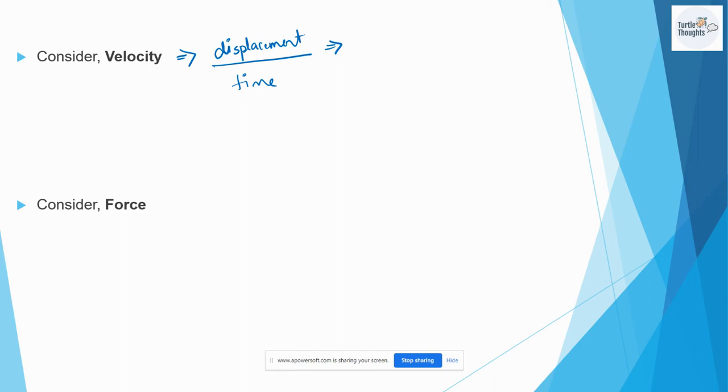We are just measuring length. So I can write length divided by time. Now you can observe that length is one of the fundamental quantities and time is also a fundamental quantity. So I can tell that velocity depends on two fundamental quantities. That is why velocity is going to be a derived quantity.